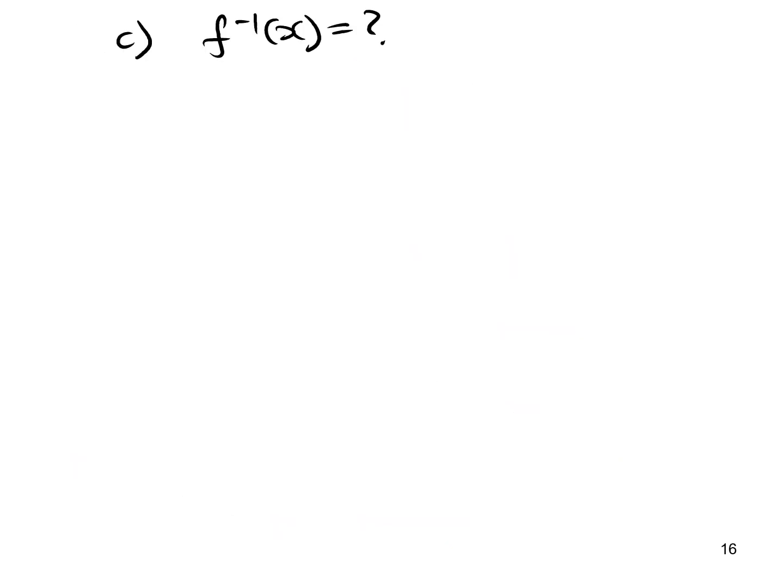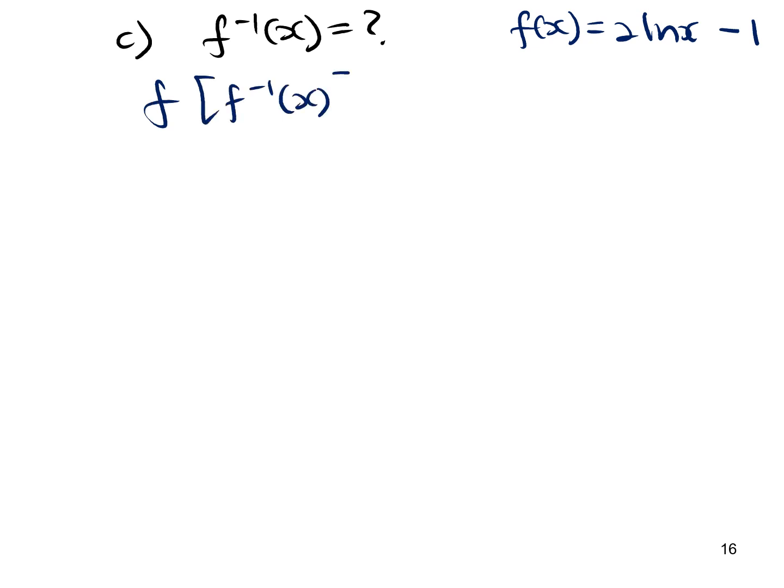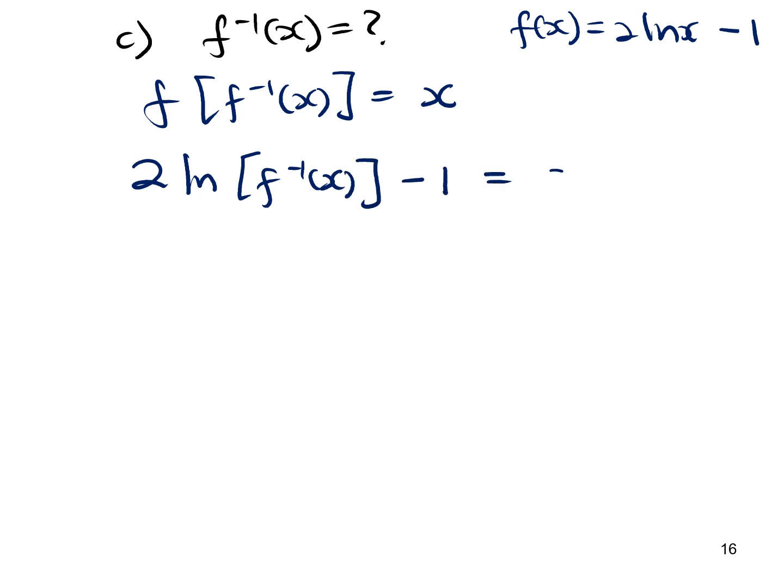Okay, find f inverse for C. So we have f(x) equals 2 ln x minus 1. So we use f of f inverse x equals x. Use this definition. So 2 ln x replaced with f inverse, minus 1 equals x.